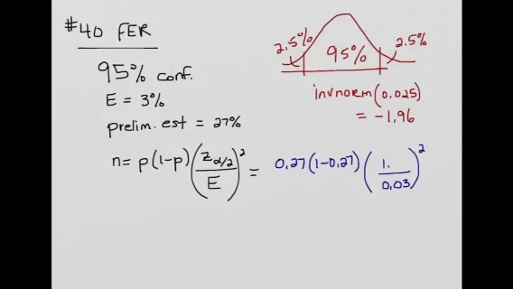So I put 1.96 in, again dropping the negative because it doesn't matter. And this turns out to be 841.3104, and I really don't care what this decimal is because I have to go up to the next whole number, so that's going to give me 842, and there you go.